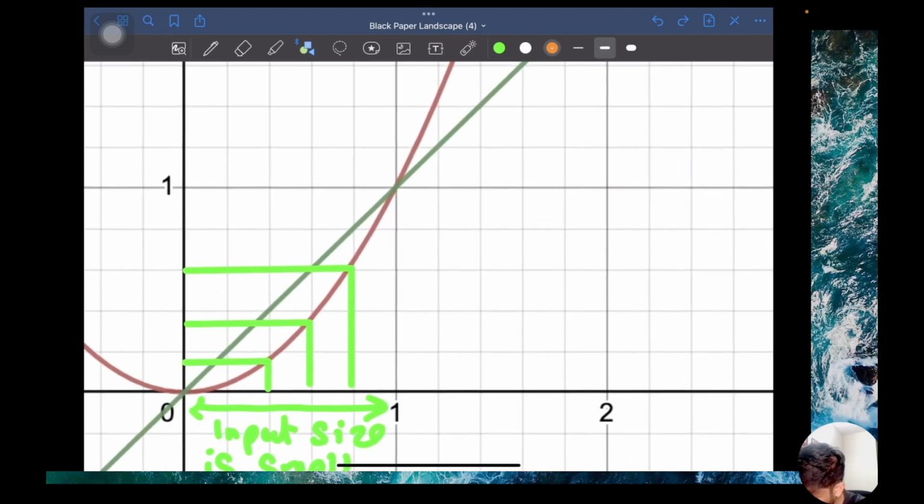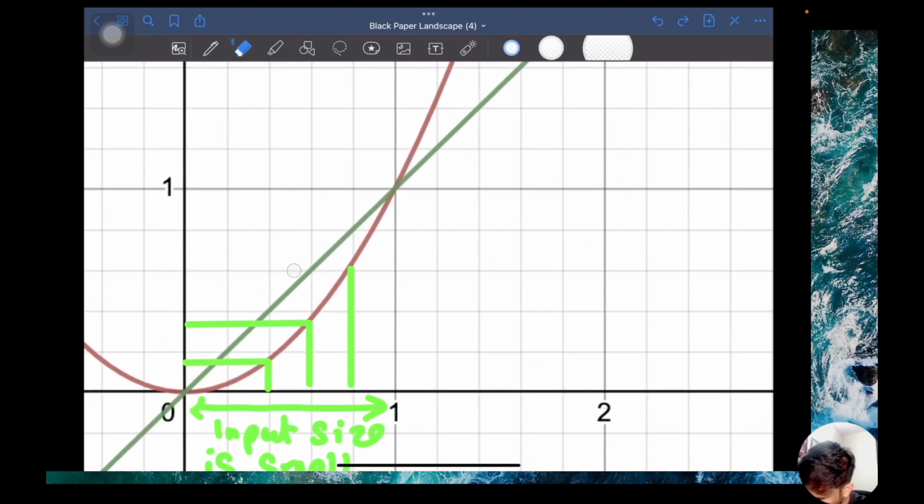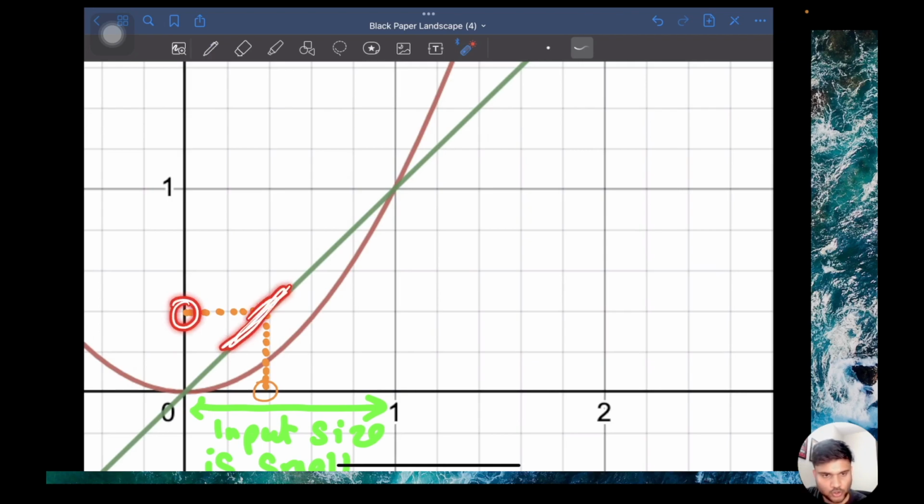So if we plot it like this, if you see, let's say this is the particular input, then this much time your algorithm 2 is taking, whereas your algorithm 1 is taking this much time. Can you see the difference?